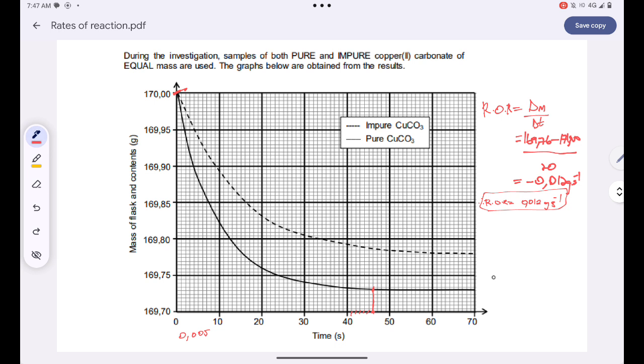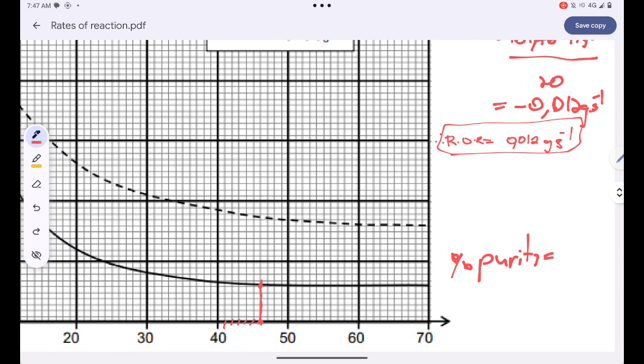Percentage purity is equal to, since I want to find the percentage purity of the impure solution, I'll simply say the change in mass of the impure solution all over the change in mass of my pure solution, multiplied by 100.